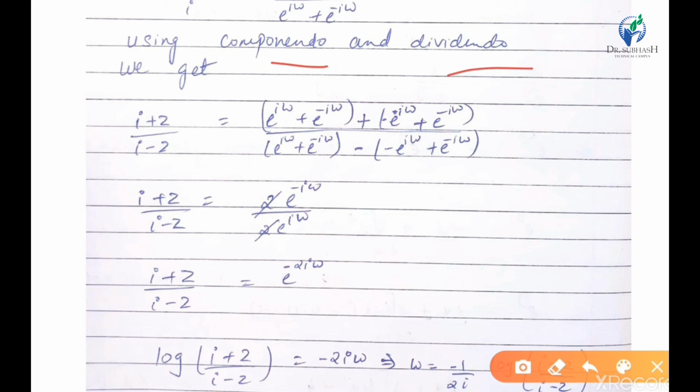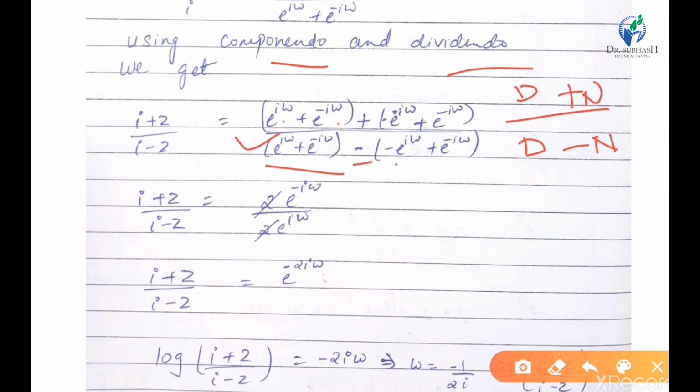So the rule is denominator plus numerator upon denominator minus numerator. So we get i plus z upon i minus z, and here we get e raised to iw plus e raised to minus iw, and e raised to iw plus e raised to minus iw upon e raised to iw plus e raised to minus iw.